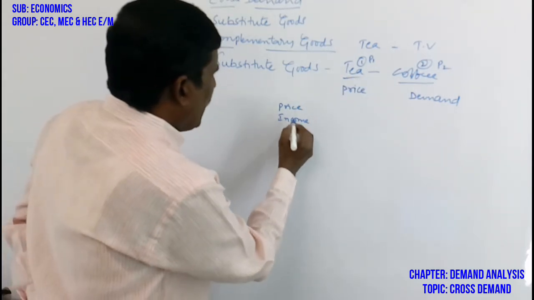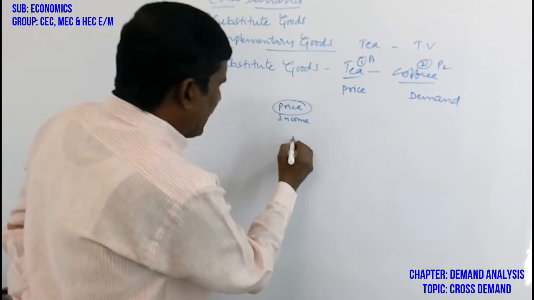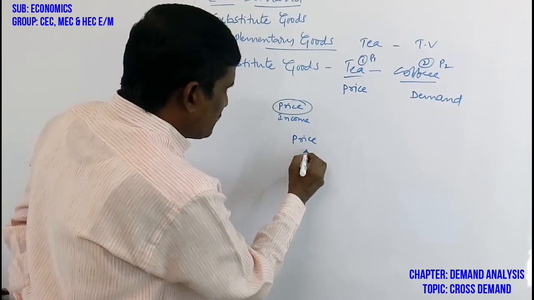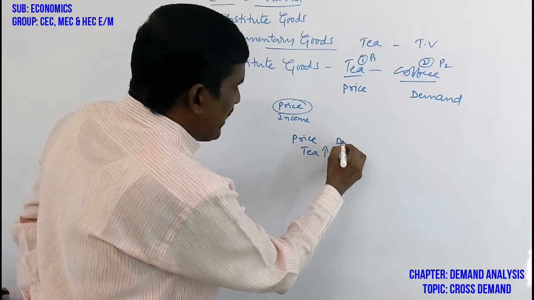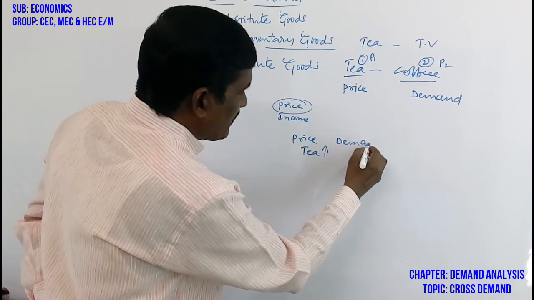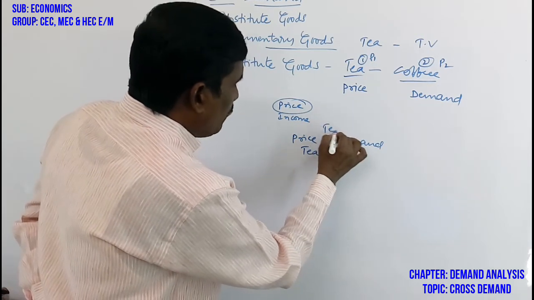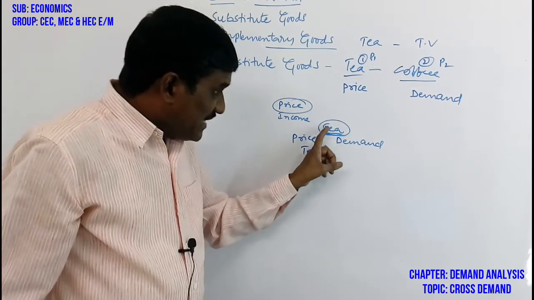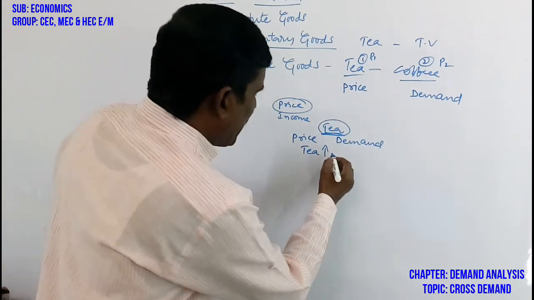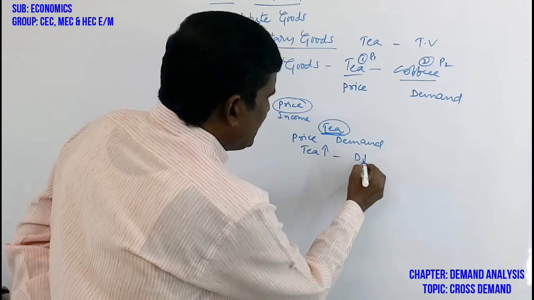According to the price demand we analyzed, suppose the price of the tea increases, the demand for tea decreases. Tea price, tea demand: the tea price increases, the demand decreases.